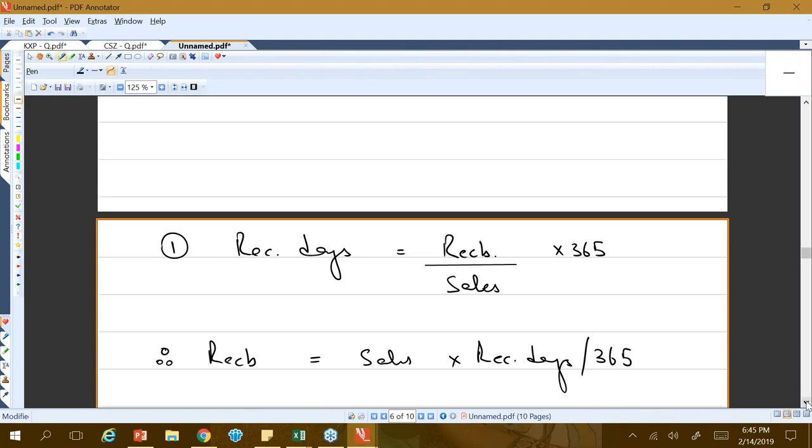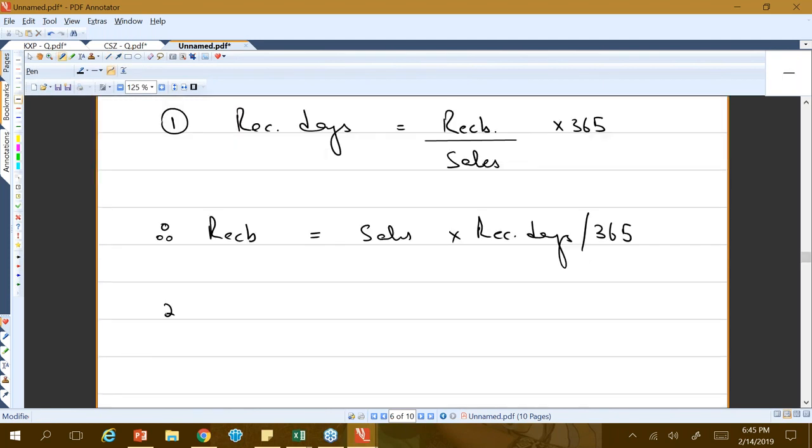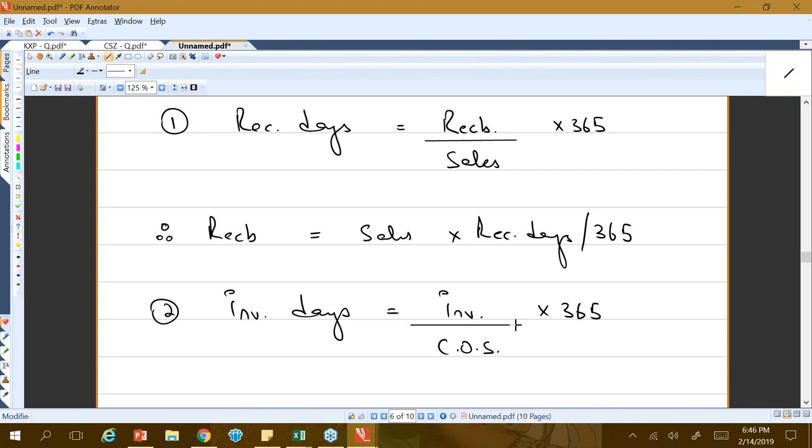Now, I can do the same thing with inventory and the payables as well, because I know that the inventory days are inventory balance over the cost of sales into the 365. So how can I find the inventory balance here? Well, I'll do the same thing.